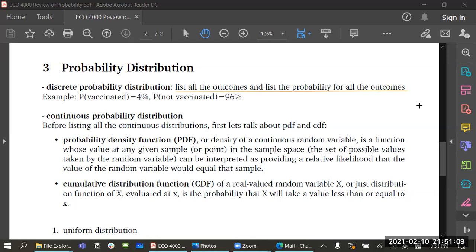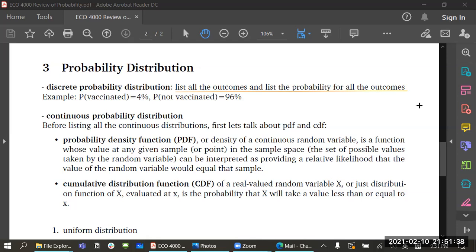So not vaccinated is 56%. This is a little bit simplified, because I know there are people who are vaccinated but not fully, and people who are not vaccinated. But that could also be a probability distribution, because you have a limited number of outcomes and a probability for each outcome.